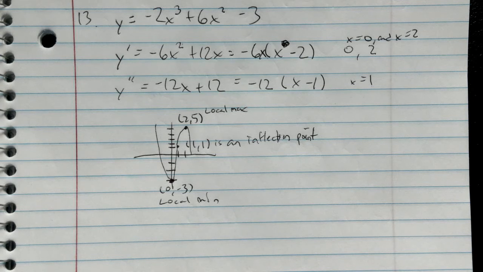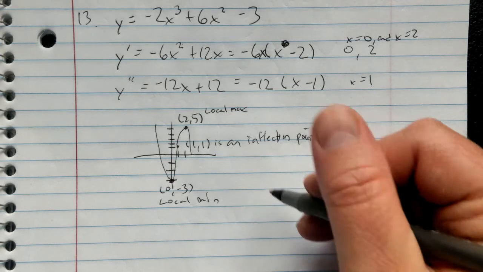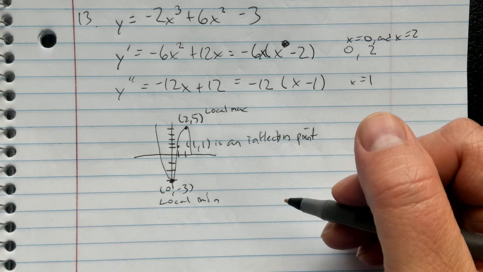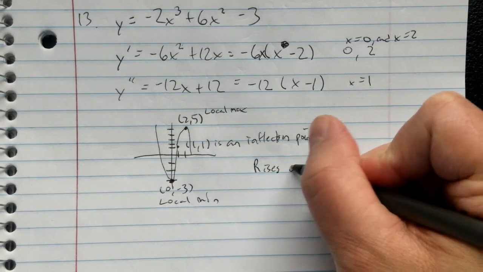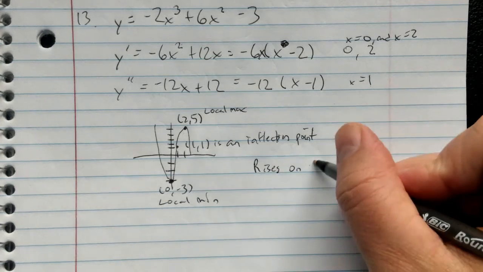So based on the graph, you have your description, which is it rises on 0 to 2.